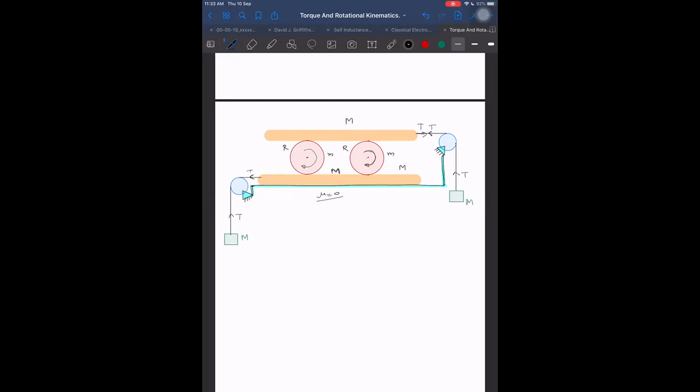Let the acceleration of this M be A1, and of the other A2. Its acceleration is A2 and its acceleration is A1. Then what will the acceleration of the center come out to be? This is A and this is B.